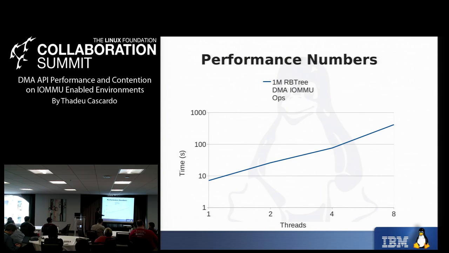So for a single thread, we get about 7 seconds, and I believe this was about 40, 50 seconds. So I believe that for 16 threads, it would not take only 15 minutes, or maybe take half an hour, don't know.